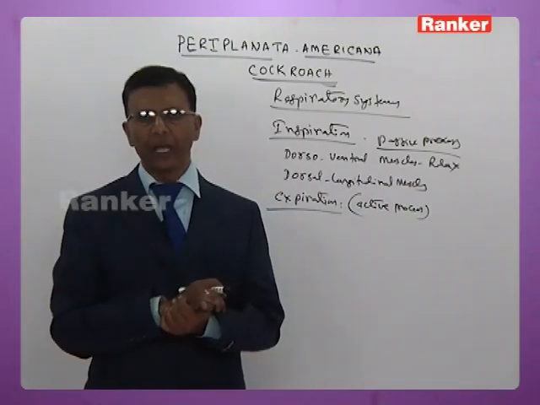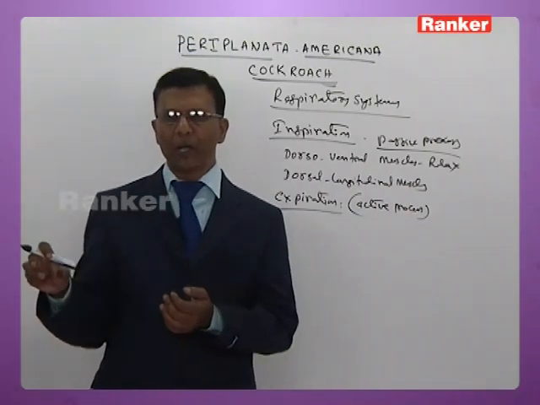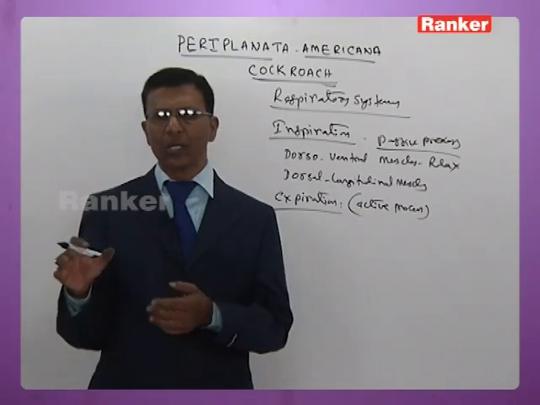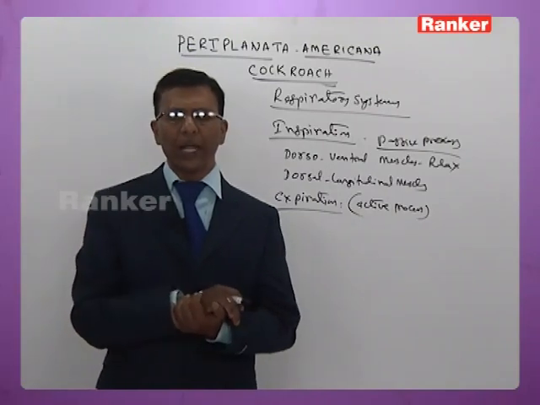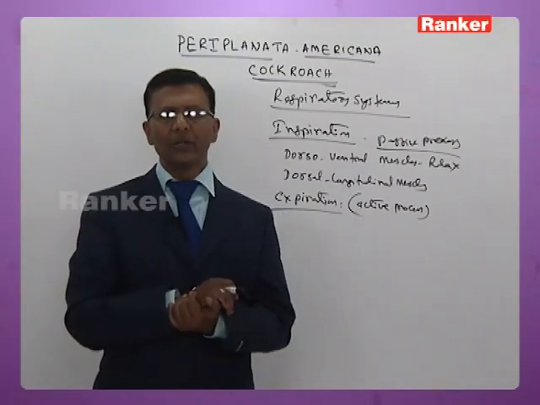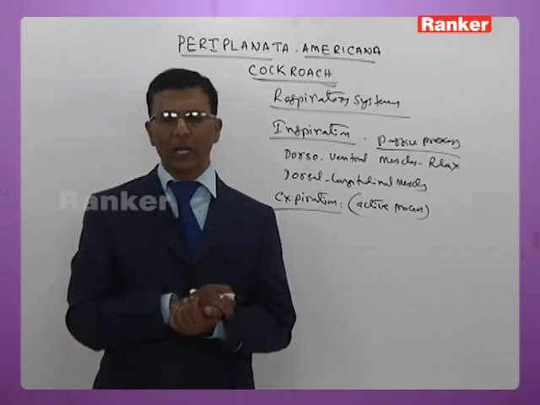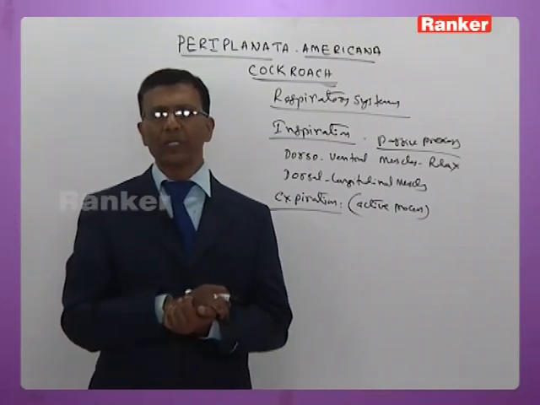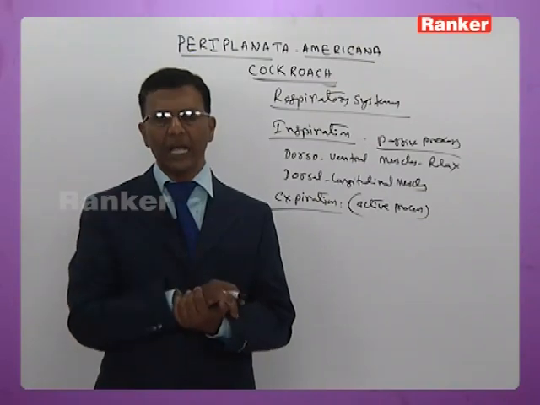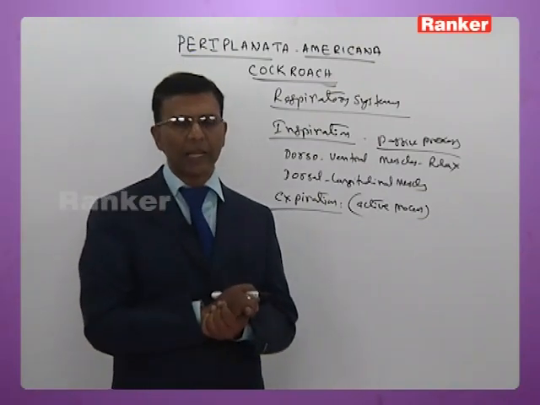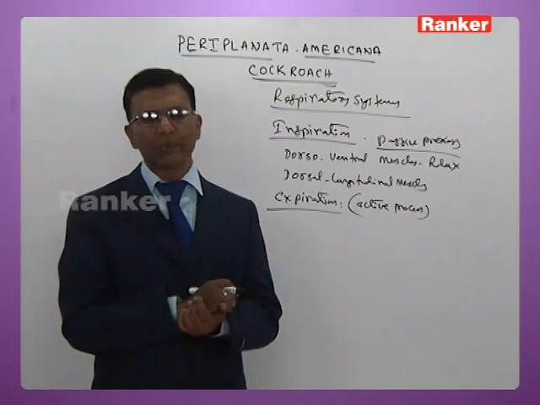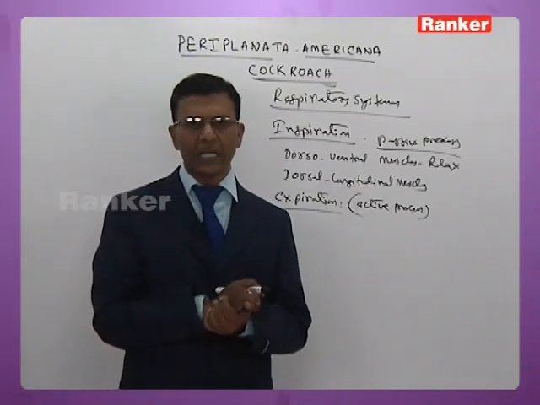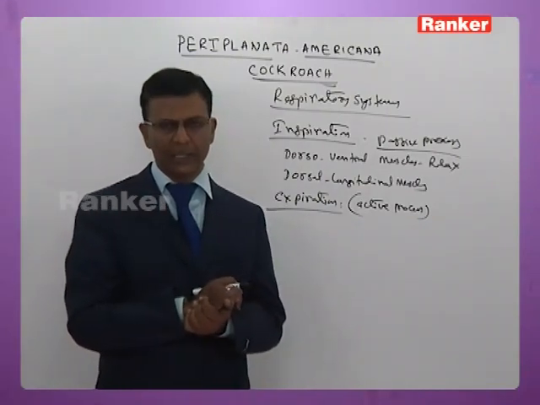During this process, CO2 goes on accumulating in the hemolymph. Most of the CO2 goes out through the arthrodial membrane, and a certain amount of CO2 accumulates near the atria of the abdominal spiracles, and whenever the abdominal spiracles are open, the CO2 is sent out through them.